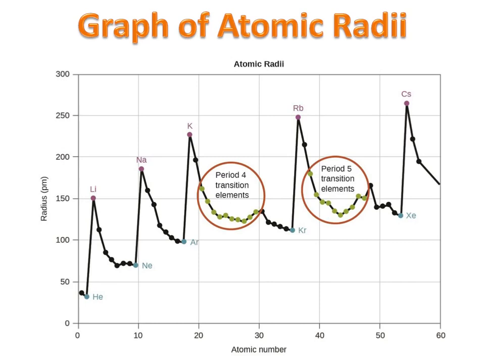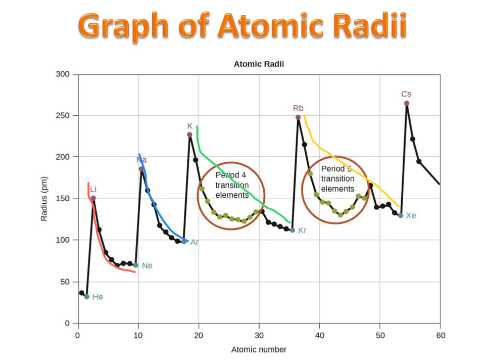Here is the graph of atomic radii, and again to point out, here is period 2 going down, and here is period 3 going down, and here is period 4 skipping over the transition elements going down, and again period 5 skipping over the transition elements goes down.